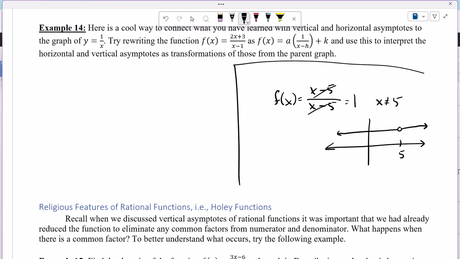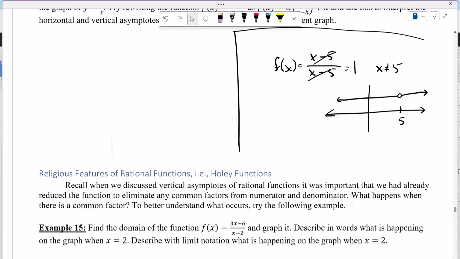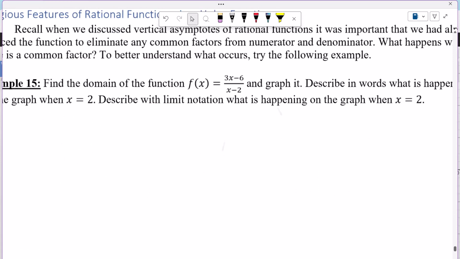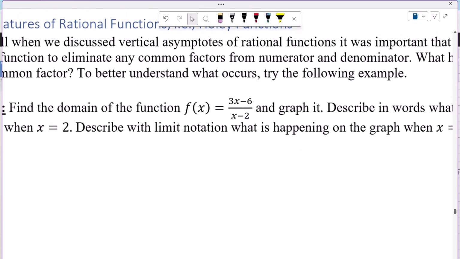Algebraically, what has to happen? Right, a factor has to cancel. So if we look at this one, f of x equals (3x minus 6) over (x minus 2). First, you factor out the 3.